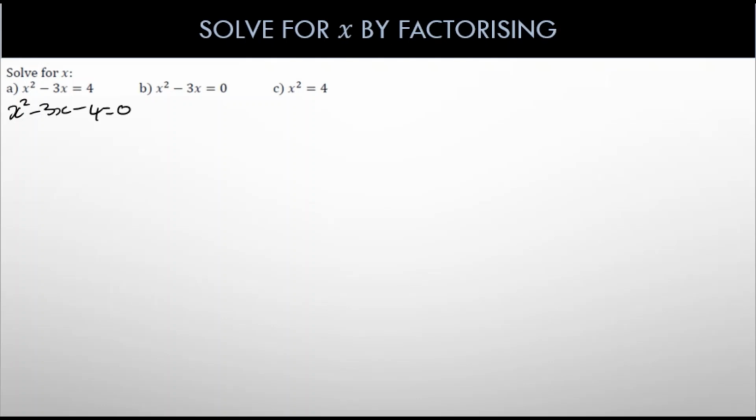But if it's easier for you, we know that we have to find the product factors of -4 that give you -3, which is (x - 4)(x + 1) = 0, and therefore x is equal to 4 or x is equal to -1.